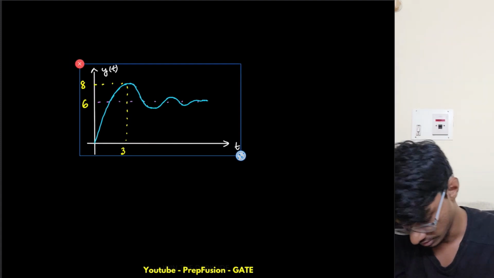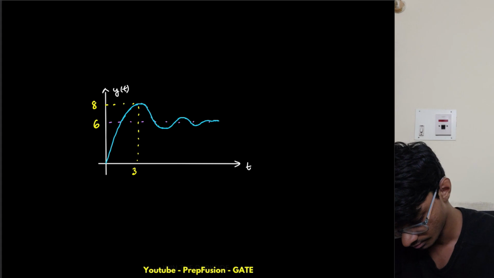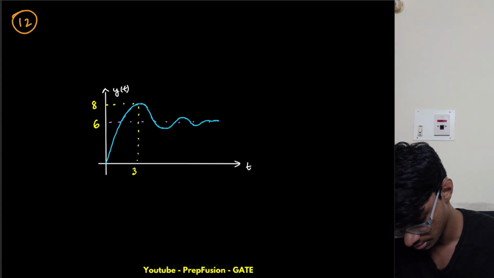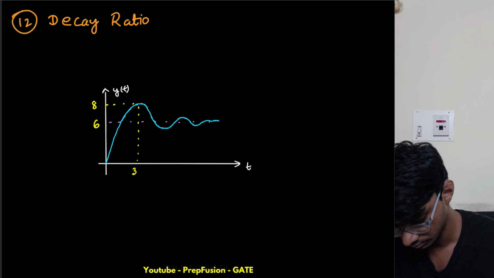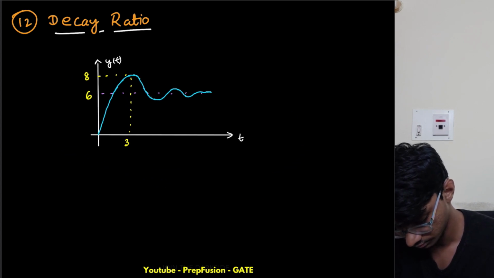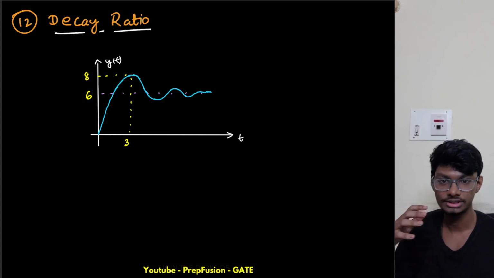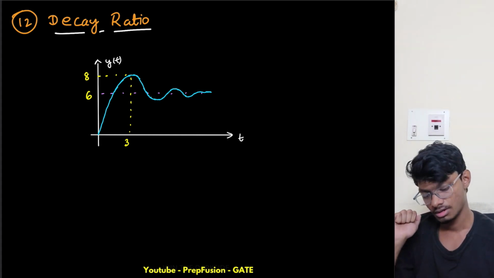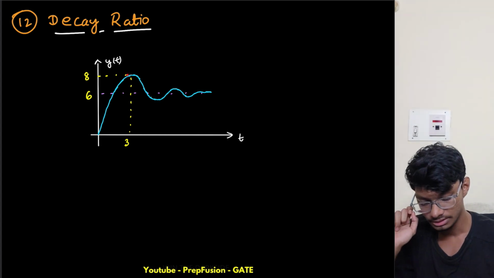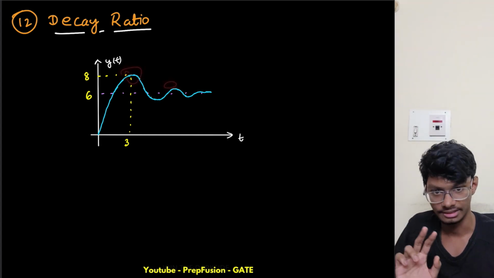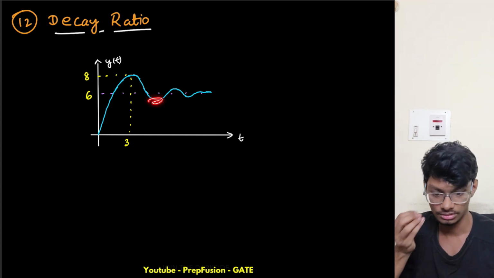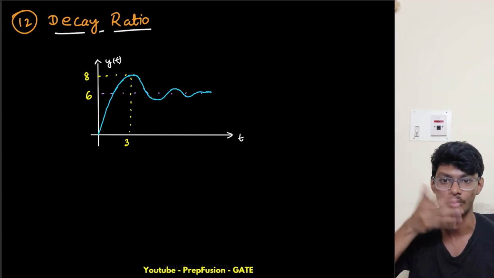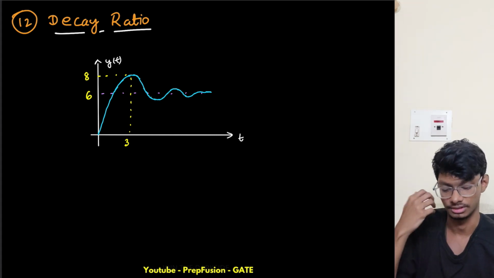So what do you mean by decay ratio? This one is the 12th question. Decay ratio is simply that my peak is decaying. I can't say undershoot, because undershoot is also decaying but in the opposite direction, so that is not the correct way of representing this.